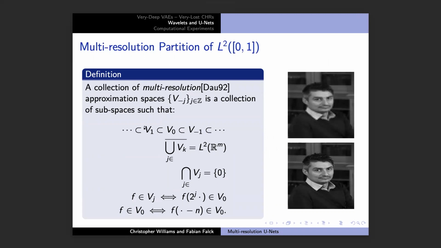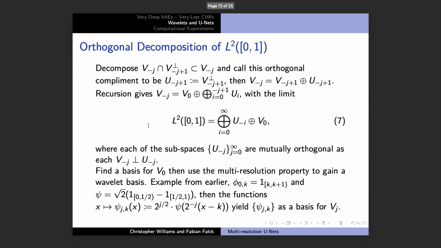The neat thing about this is you can build orthonormal bases of L2 of these approximation spaces. And the complements within each one of the V minus J's makes an orthonormal partition of L2.